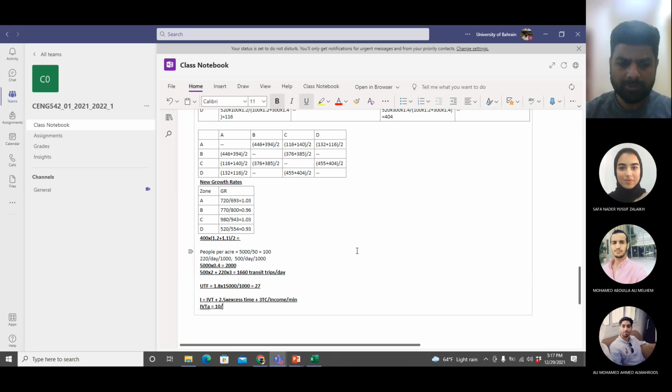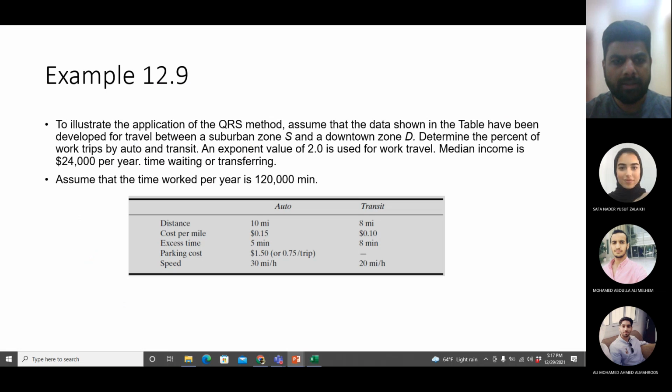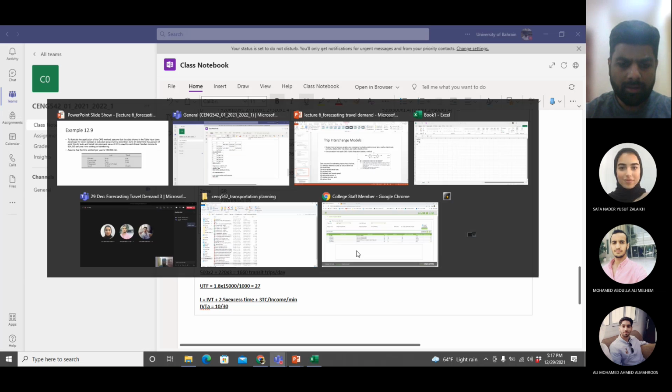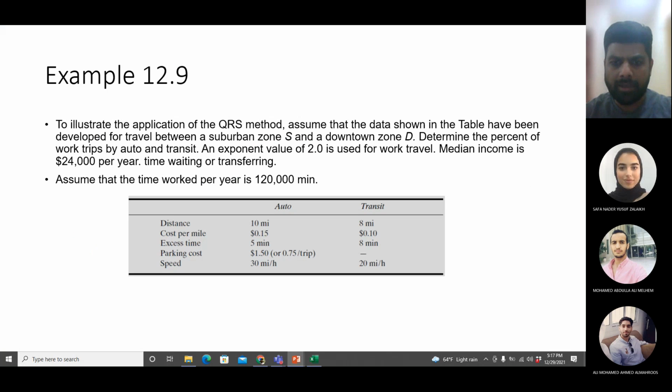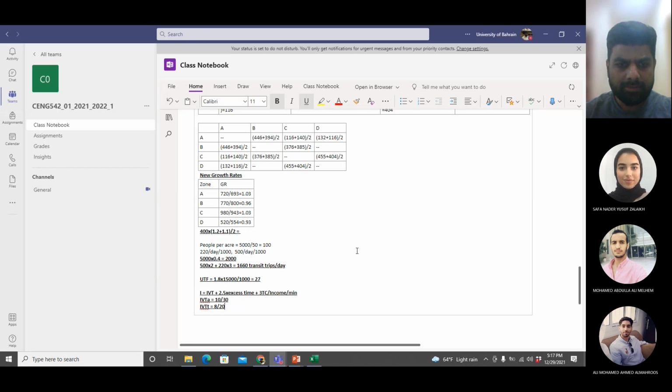So 10 divided by 30, and for transit it will be 8 divided by 20. How much is this? And then I need to convert into minutes, since this will be in hours. So give me each value.